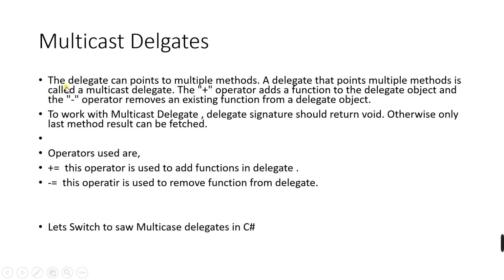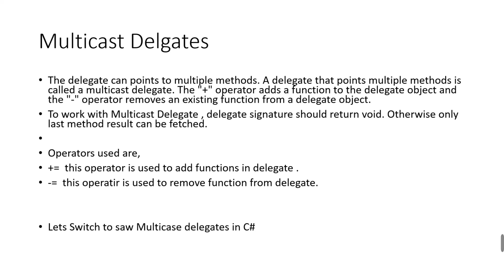If we go to the definition, the delegates can point to multiple methods. A delegate that points to multiple methods is called a multicast delegate. The plus operator adds a function to the delegate object, and the minus operator removes an existing function from a delegate object. To work with the multicast delegate, the delegate signature should return void. Otherwise, only the last method's result can be fetched. What that statement means is that if you are calling multiple delegates, then your delegate return type should be void.